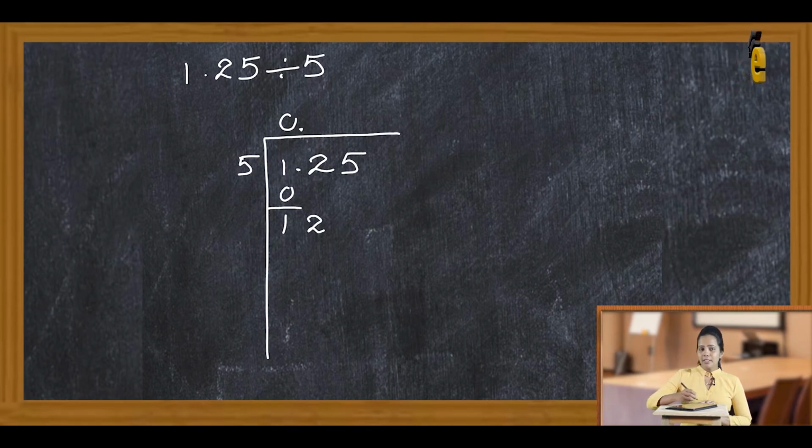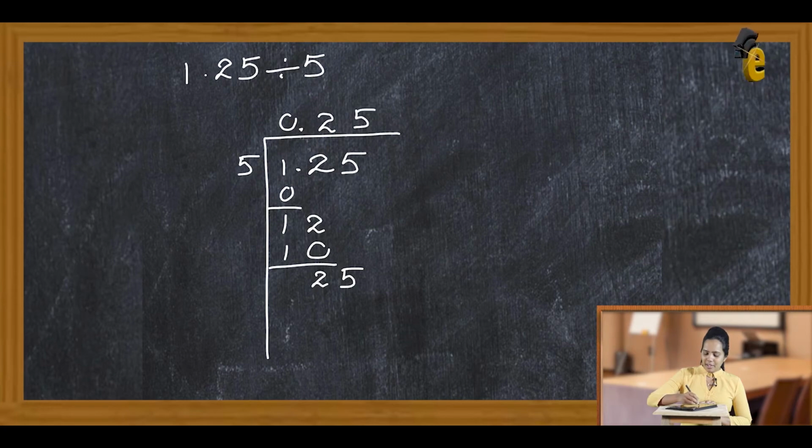Then you divide 12 by 5. There are 2 5s in 12. So, 5 into 2 is 10. Then what is the answer? It will be 2. Then you take 5 down below.